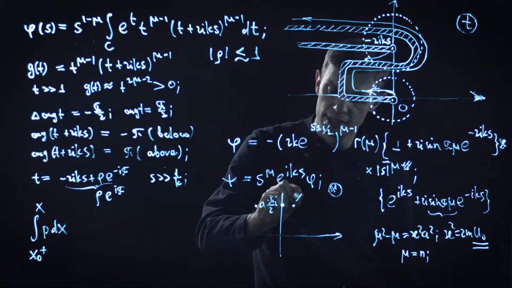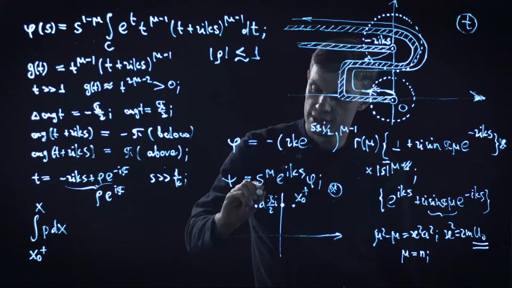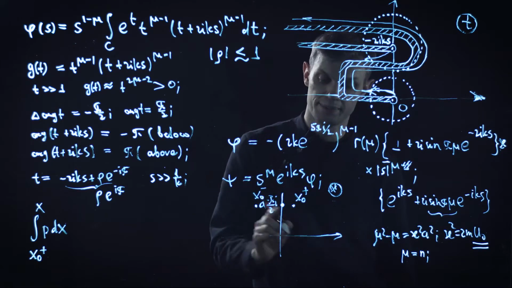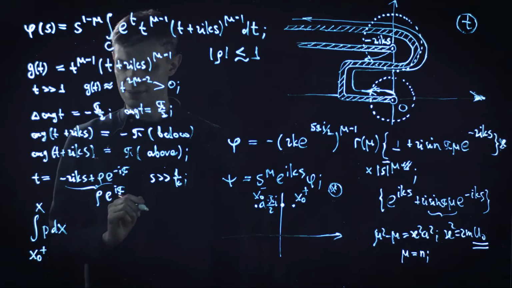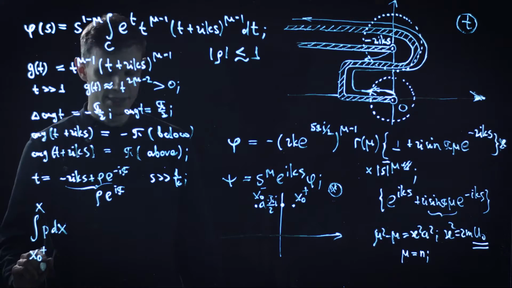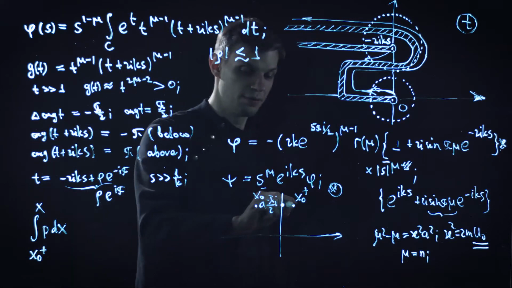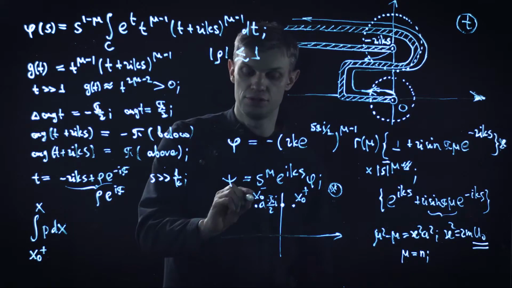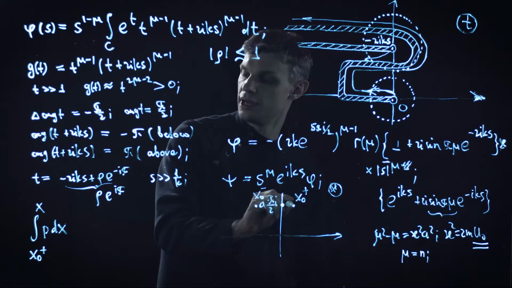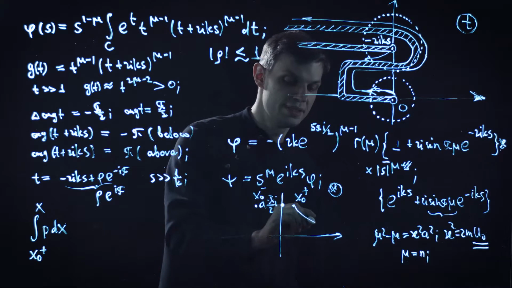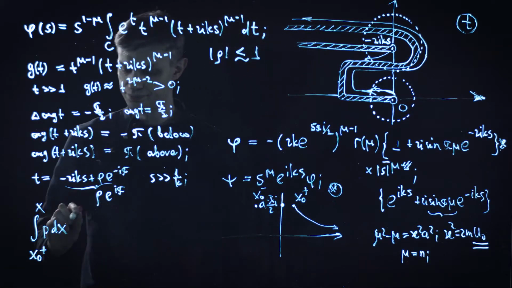We'll call this one x naught plus, and this one x naught minus. They're close to each other. And we define our semi-classical integral as going from x naught plus. It's a matter of choice. Of course, you could choose x naught minus. It doesn't make any difference. So we choose x naught plus to some distant value of x.